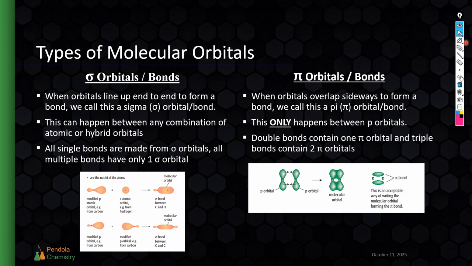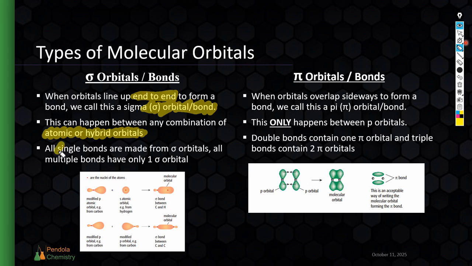So just to recap, sigma bonds happen specifically when we have end-to-end overlap. So this end-to-end overlap only will form sigma bonds or sigma orbitals, depending on what the question is. And this is going to happen between either atomic orbitals or hybrid orbitals, or just hybrid orbitals, or just s orbitals.